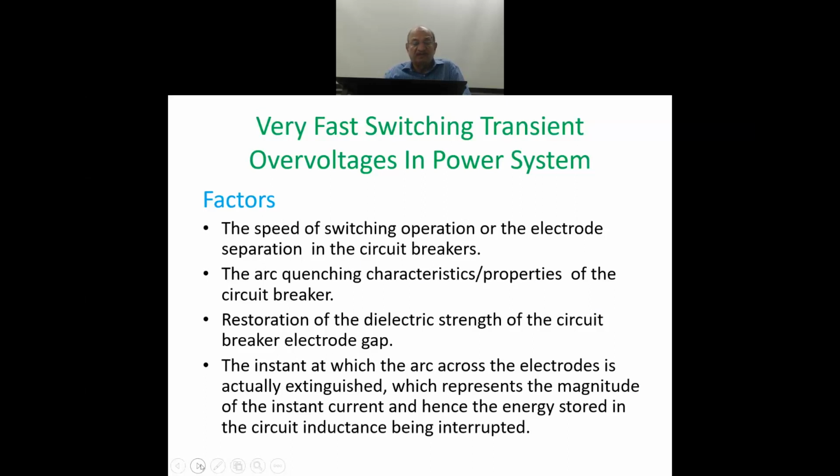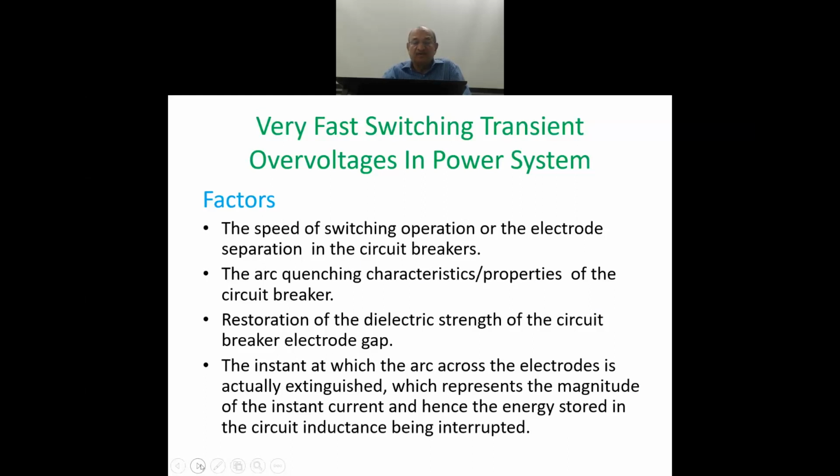The dielectric strength is not enough between the 2 points to resist the current to flow. When it opens, suddenly there is very high voltage across, and that high voltage reignites the current flow. That means there is again a short circuit within the circuit breaker. That means the current flow or the fault is reignited, and that may happen.